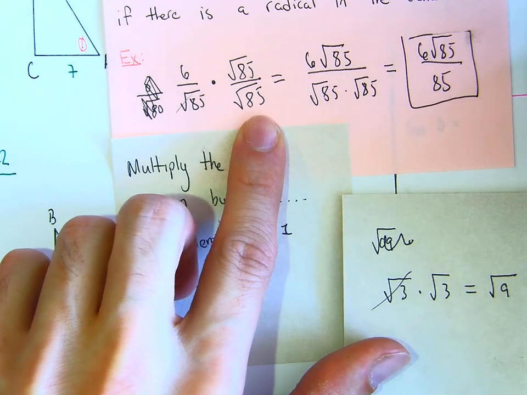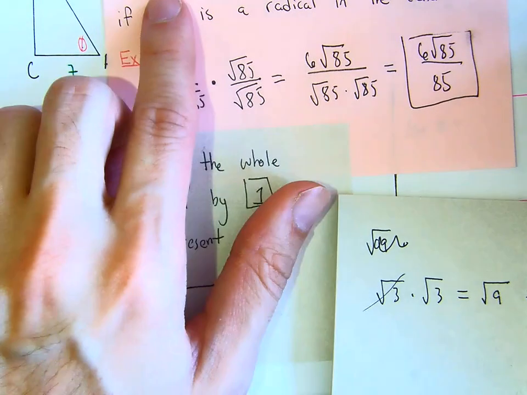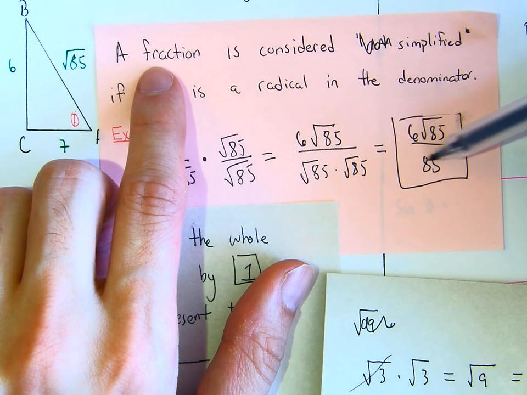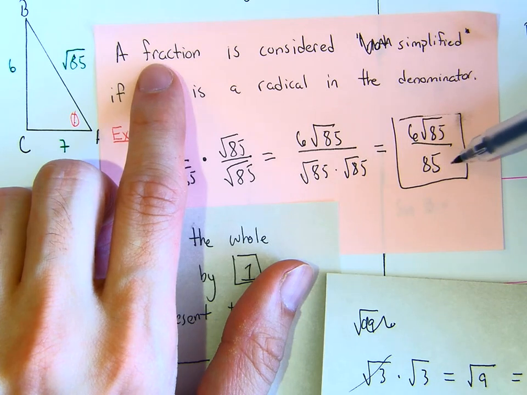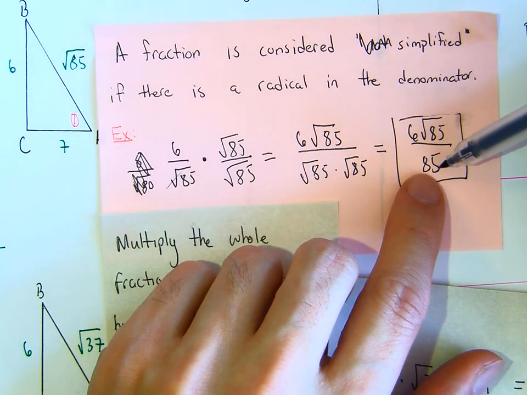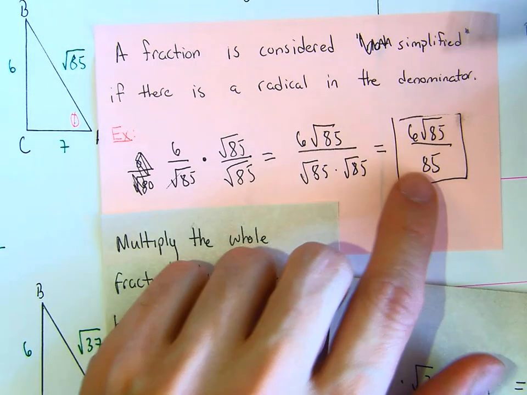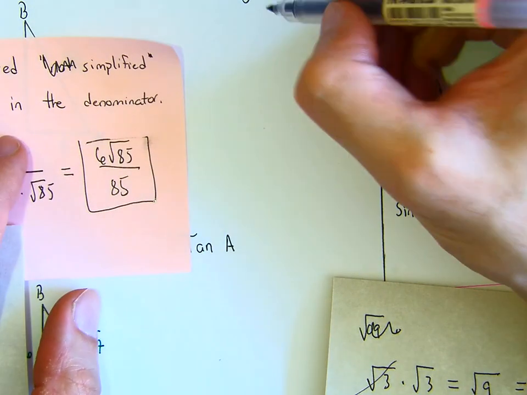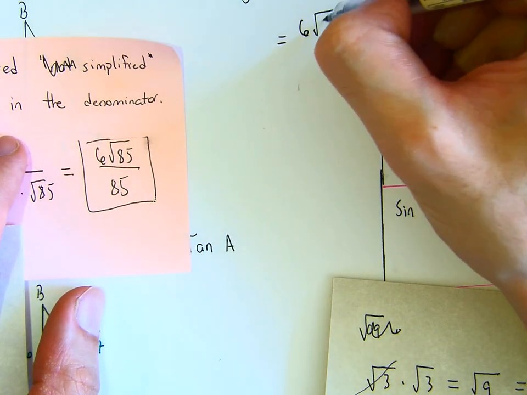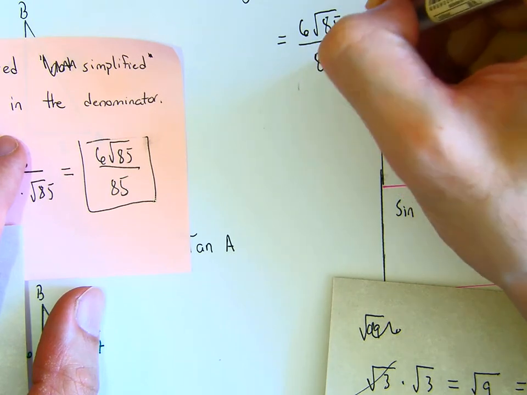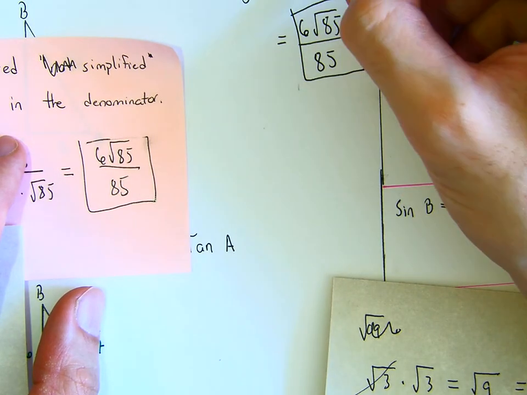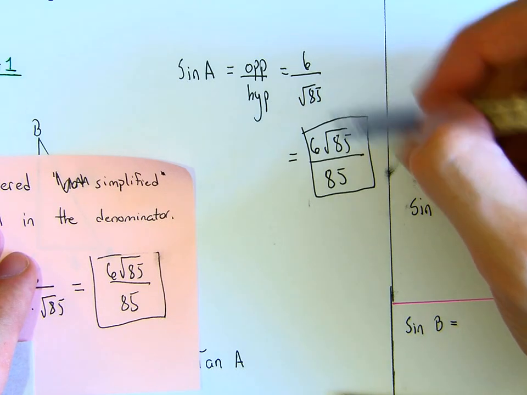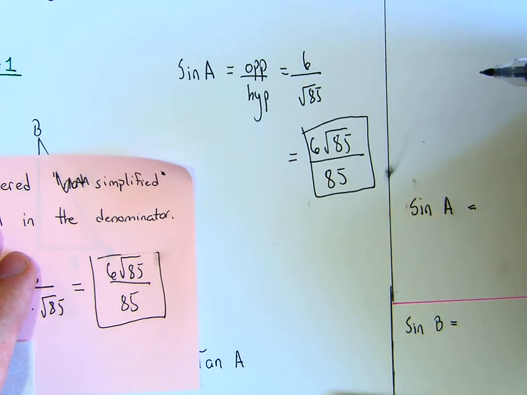And notice that we solved that problem we had. Now this fraction is considered simplified, because you don't have a radical in the denominator. And that's it. So here what we could say is that the sine of A is equal to 6 square root of 85 over 85. Okay? This and this are the same value. It's just that this one doesn't have a radical in the denominator.